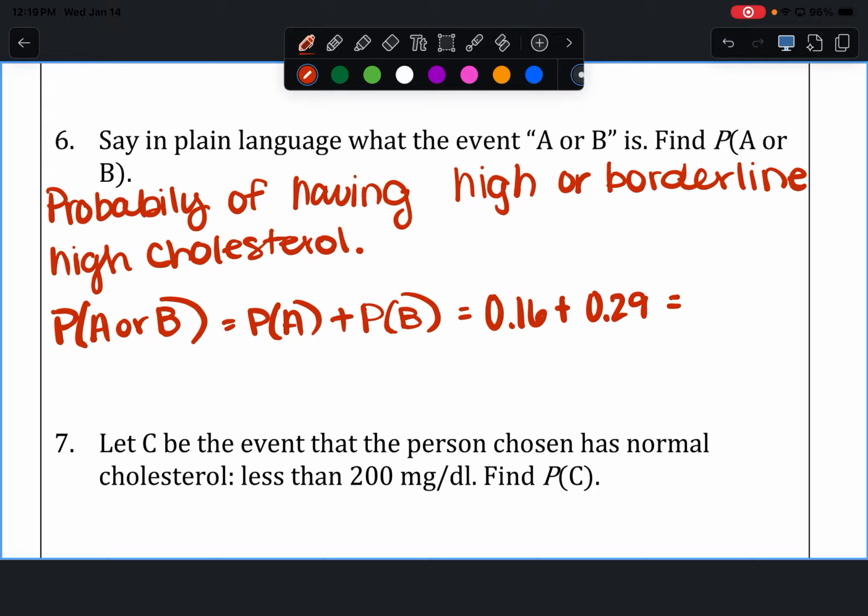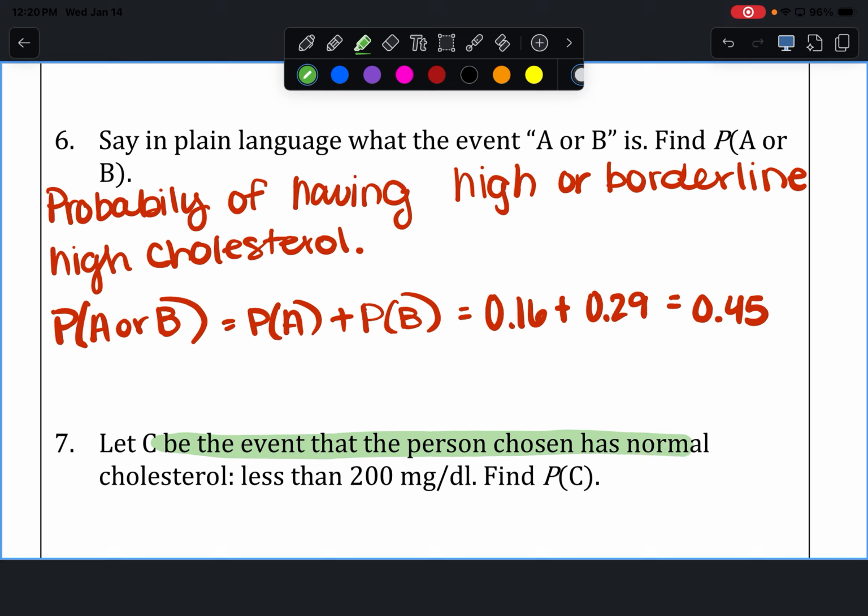So what is the probability of A or B? So there is a 45% chance that a randomly selected American has not good cholesterol. Sounds about right, unfortunately.